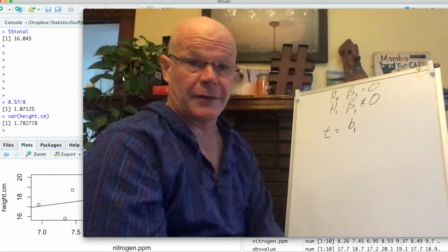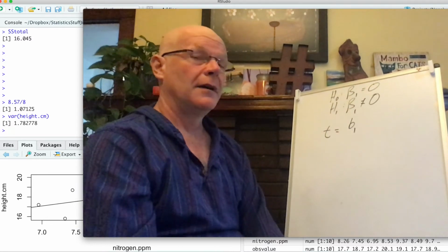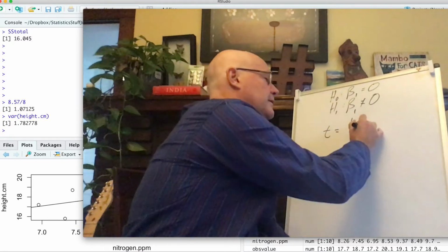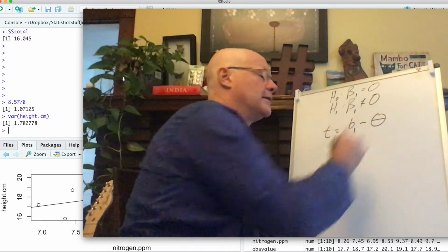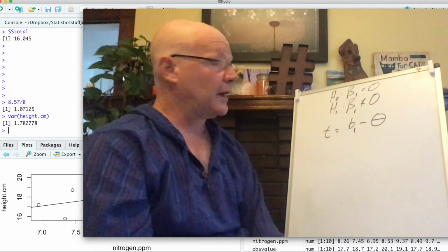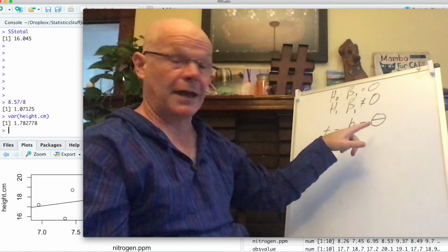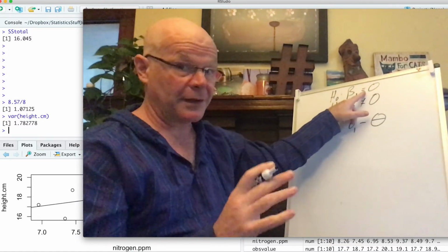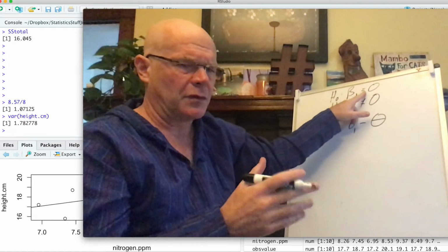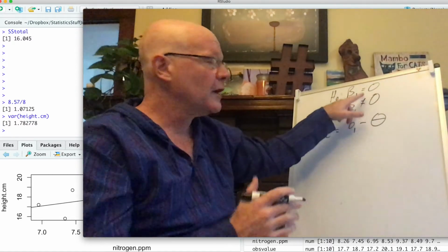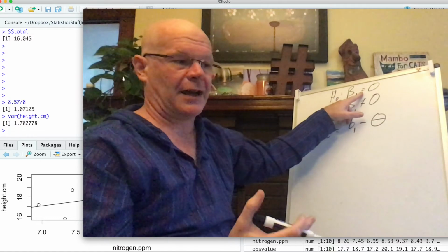There's our estimate of it, B1. Subtract from that theta. Theta is our hypothesized value, which is equal to 0 in this case. But again, we could change theta. We could test, like, is the slope different from 2? Or is it different from 12? Whatever it is, it's a general way of testing hypotheses about the model.